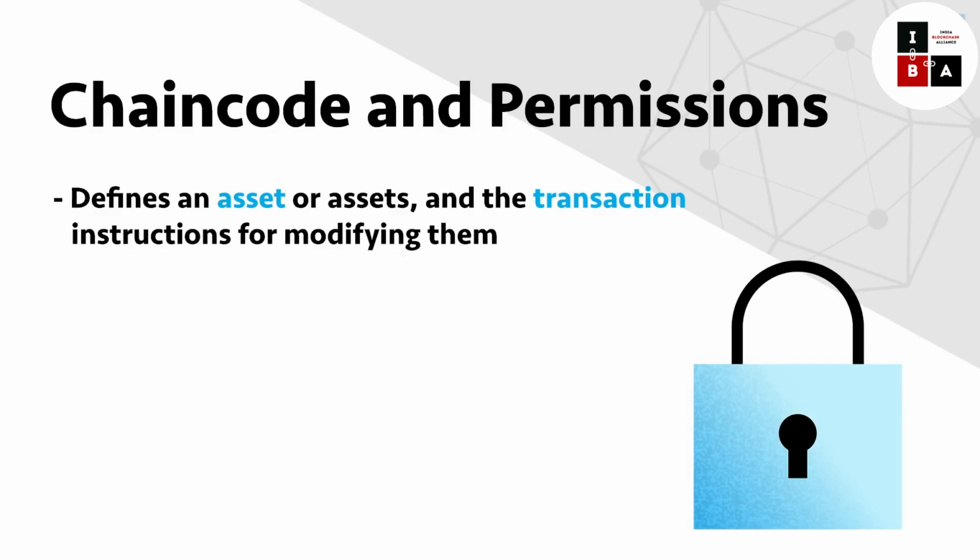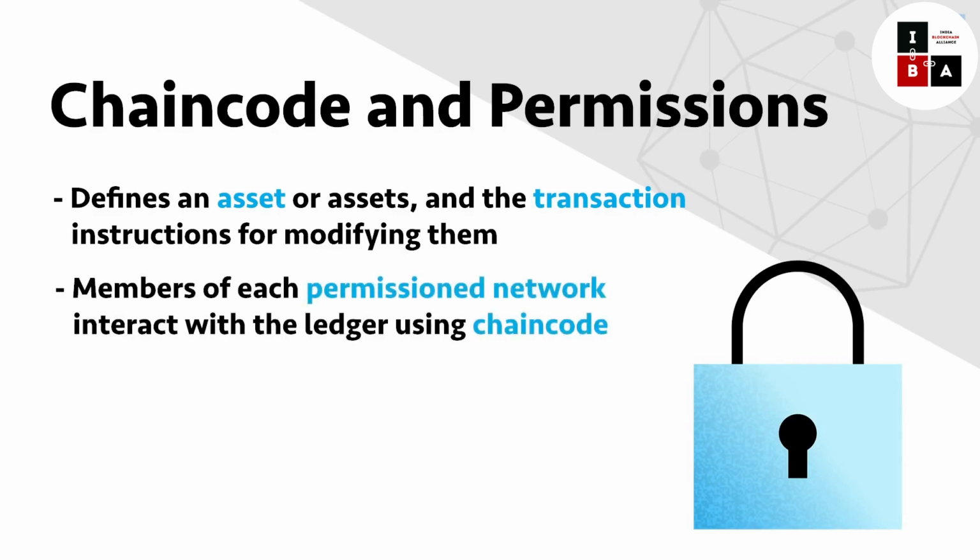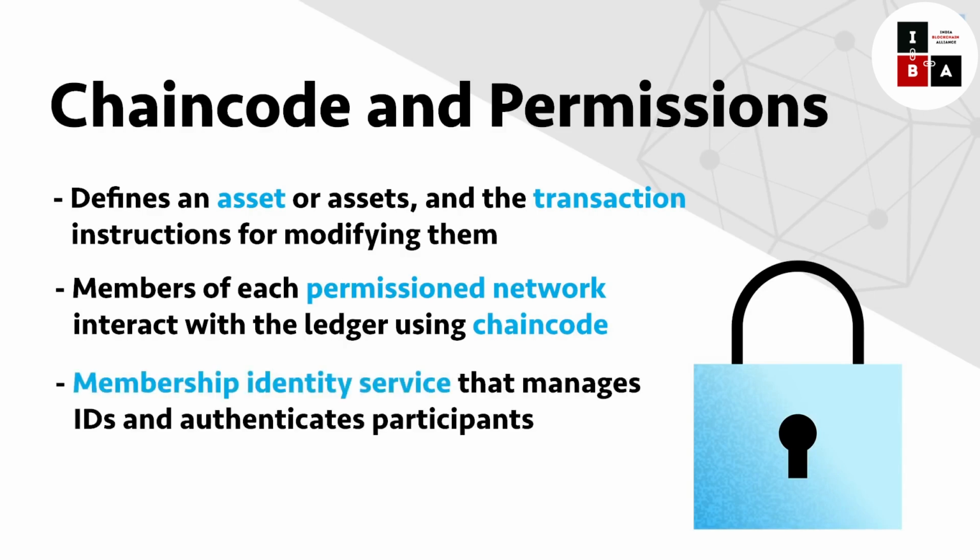Members of each permission network within Hyperledger Fabric can interact with the ledger using chain code, either by deploying new contracts that add new business logic or invoking transactions that were already codified in earlier contracts. To enable these permission networks, Hyperledger Fabric provides a membership identity service that manages user IDs and authenticates all participants on the network.